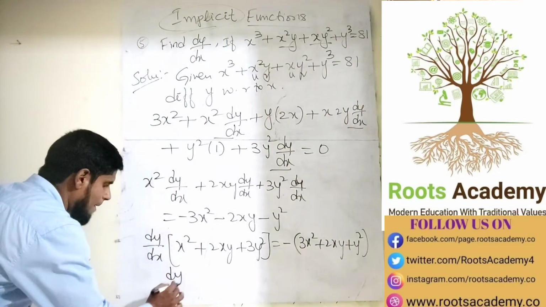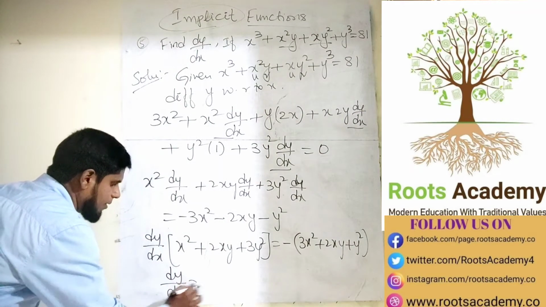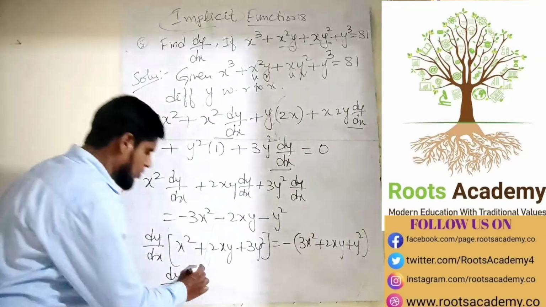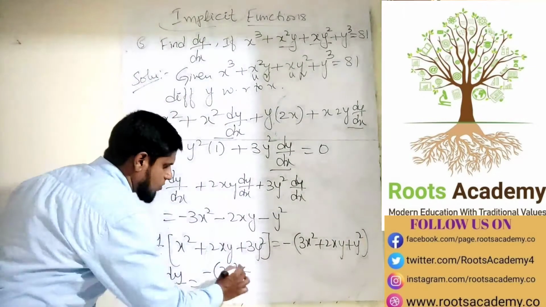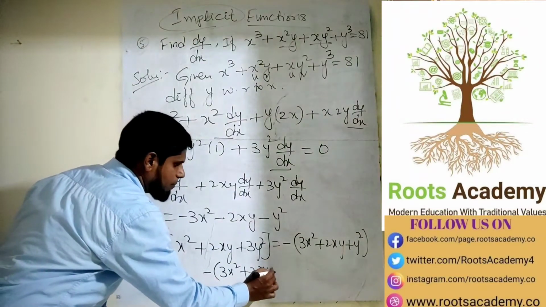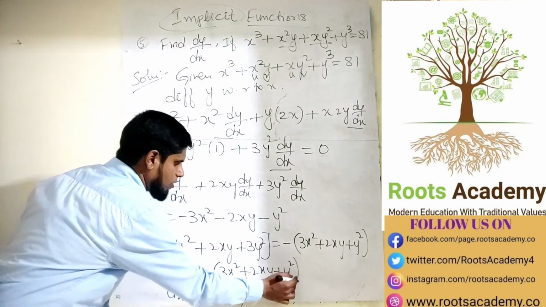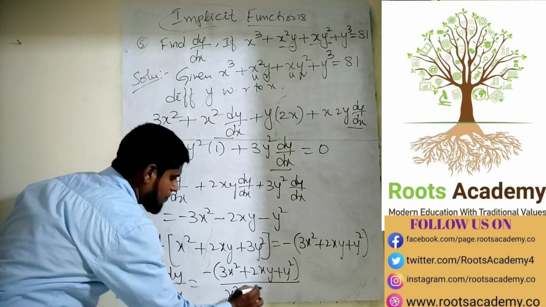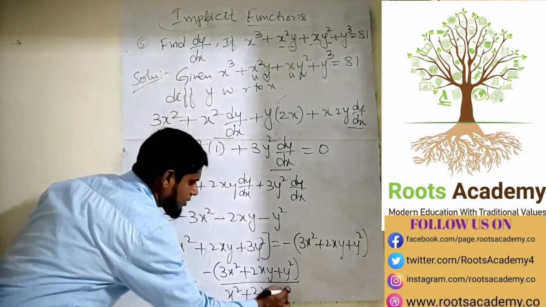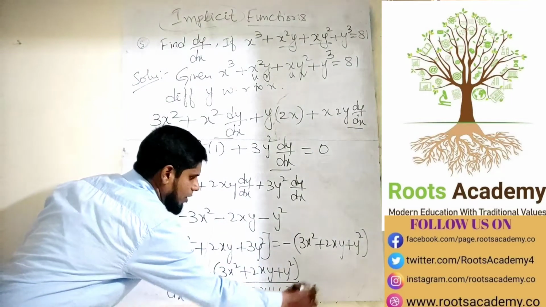Finally, my dy by dx is equals to minus 3x square plus 2xy plus y square divided by x square plus 2xy plus 3y square.